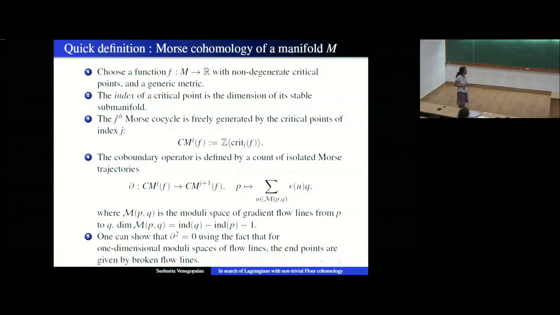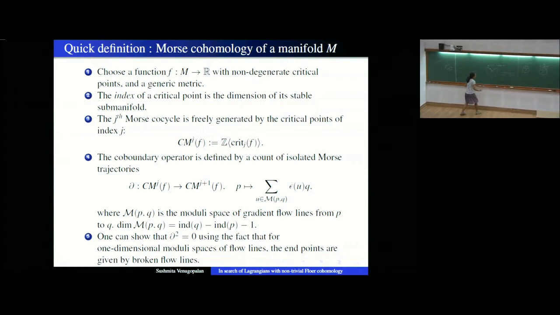By flow lines I mean downward gradient flow lines of F. You will get isolated flow lines only if the indices of the endpoints differ by 1. So in this case, from A to B, you get an isolated flow line. Let me use pink for the flow line. This is an isolated flow line, this is an isolated flow line.